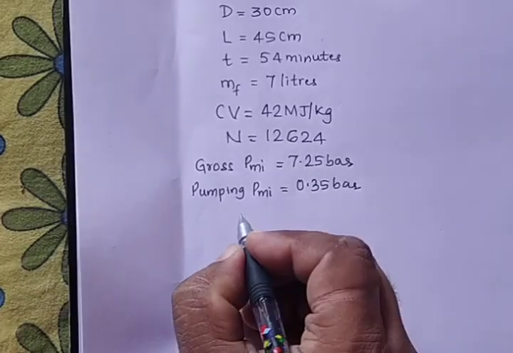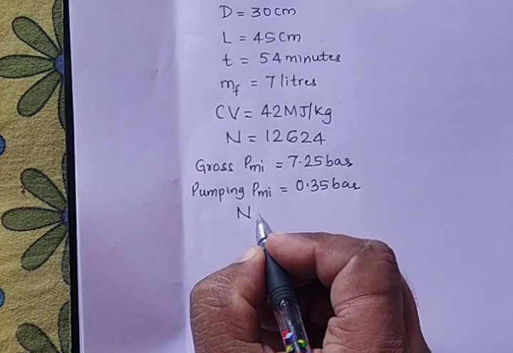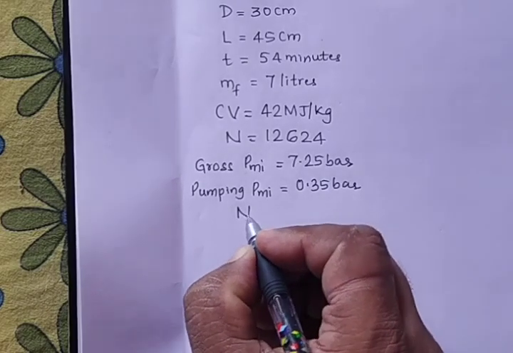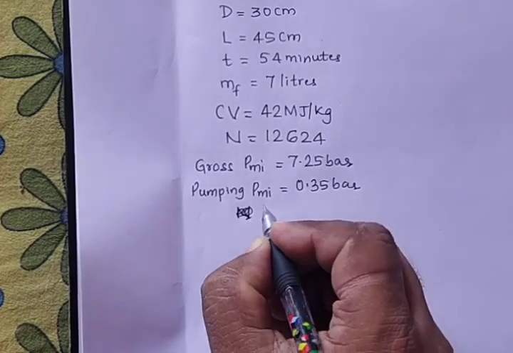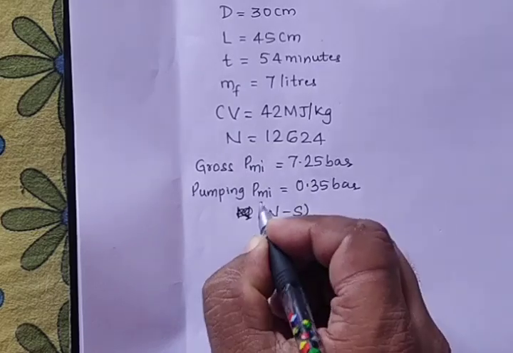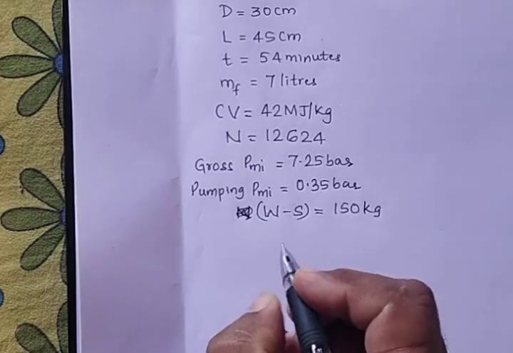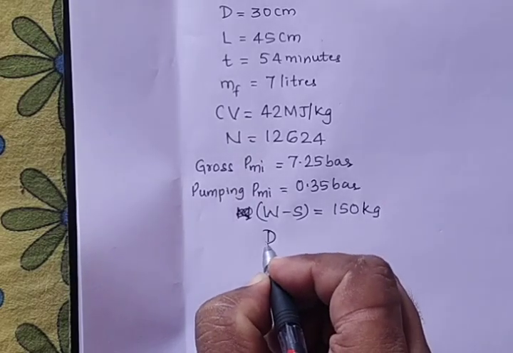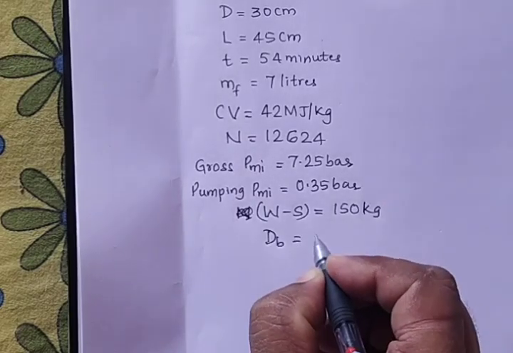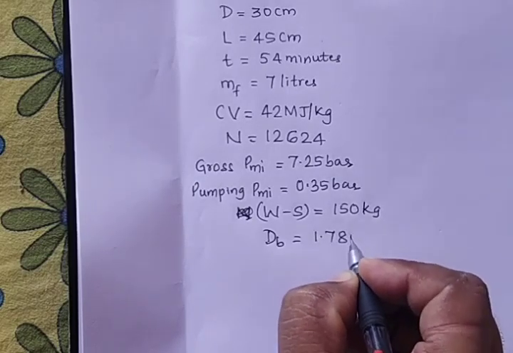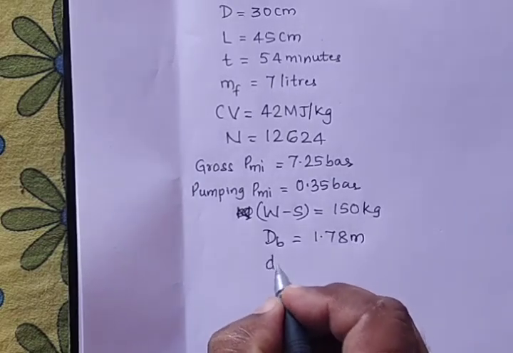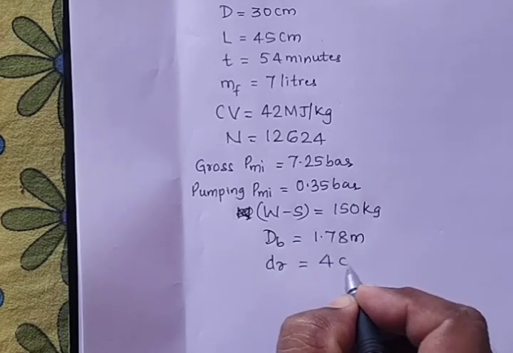Net load, so N equal to, that is net load is W minus S. So W minus S is 150 kg. So diameter of brake wheel capital DB is given to us. So it is 1.78 meters. Diameter of rope DR is given, it is 4 centimeters.